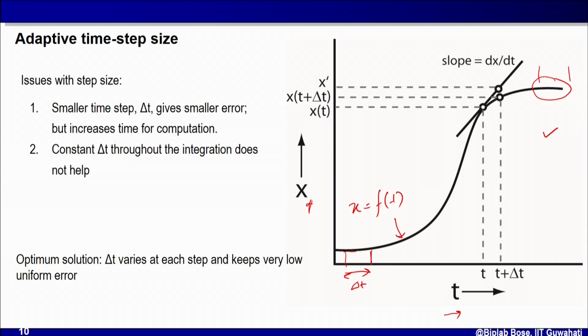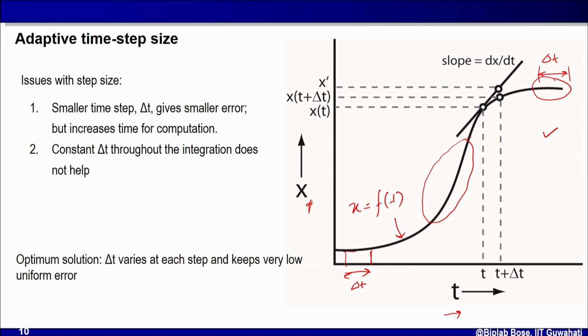Here also the system is almost linear, almost horizontal. So if I take a large delta t, I will not have much problem. Whereas in this middle region where x is changing drastically fast with respect to time, I have to take a small interval of delta t so that I get less error in estimate.